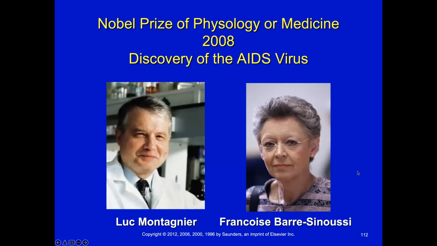So we have Nobel Prize winners again, two French researchers, and they won the prize for the discovery of the AIDS virus. Now, this was a very important discovery because the disease was ravaging throughout the world at this point. It was causing a global pandemic, and there were millions dying.